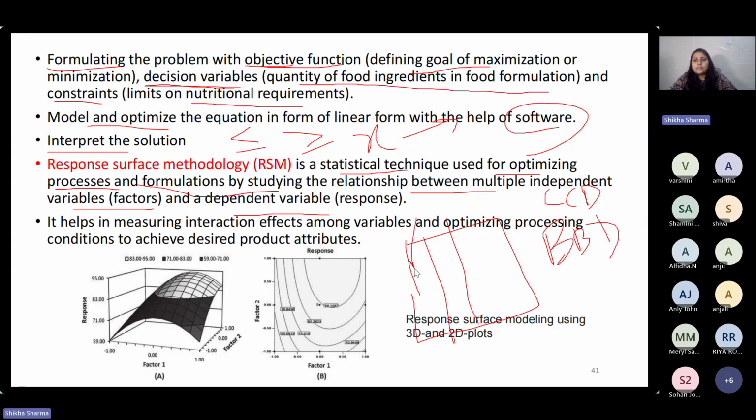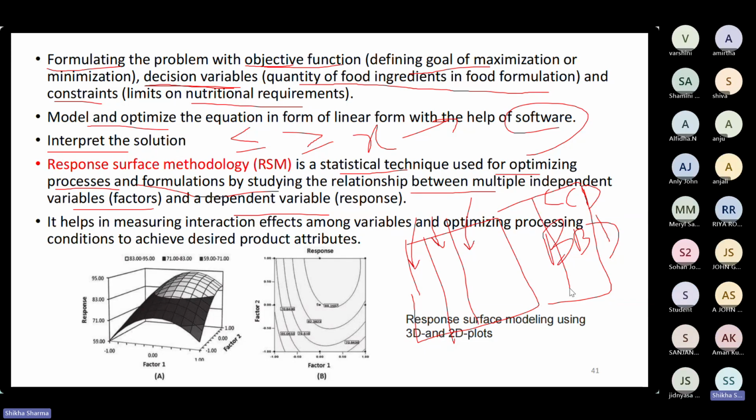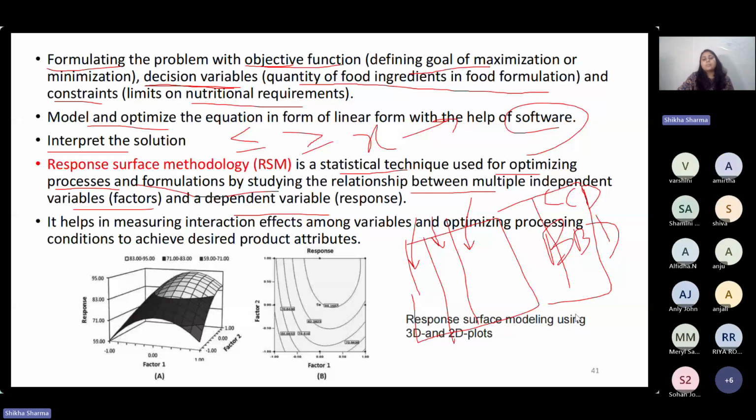certain independent variables like time, temperature, loading ratio, and we can have the dependent variables, like if we are doing some kind of extraction of the polyphenols. Suppose we are doing ultrasonic assisted extraction, so the time, temperature, power, and loading ratio with the solvent can be the independent variables, whereas the response or the dependent variables can be, suppose, DPPH activity or antioxidant activity.